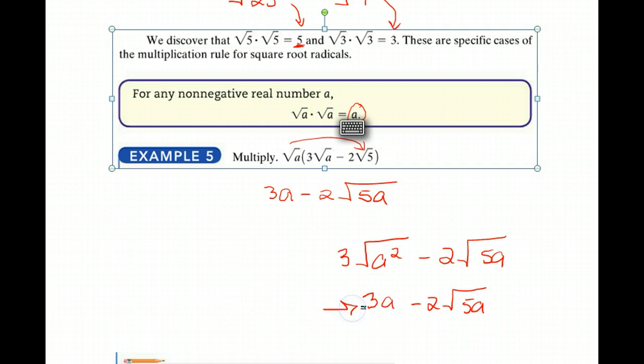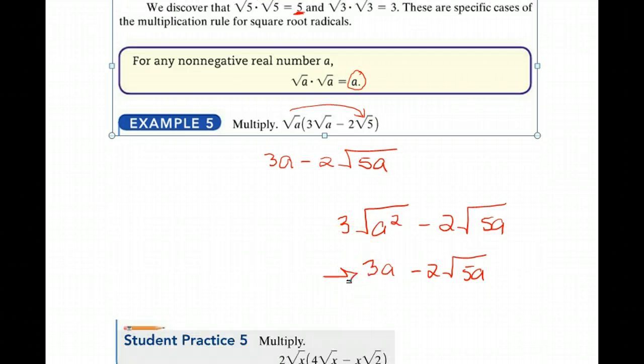You still get the same answer. It's okay. It's just a shortcut that teaches us that we are permitted to use that rule because we're creating a perfect square underneath that radical. So it'll just save you some time and some heartache if you memorize that rule.